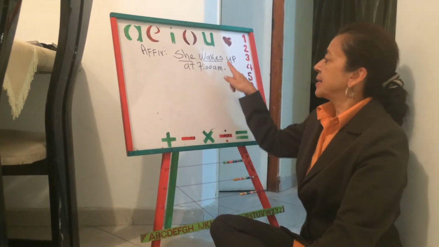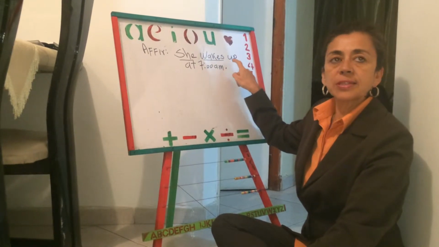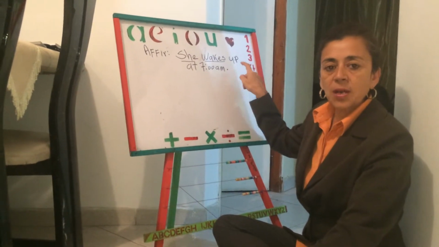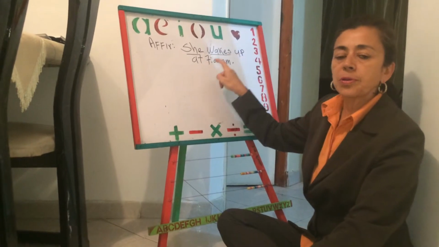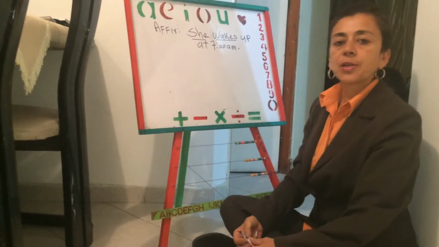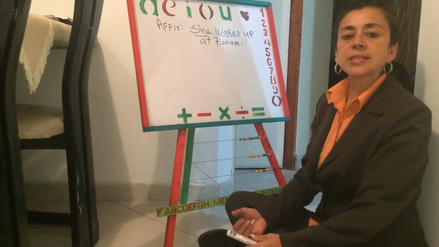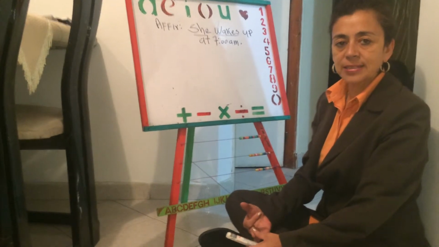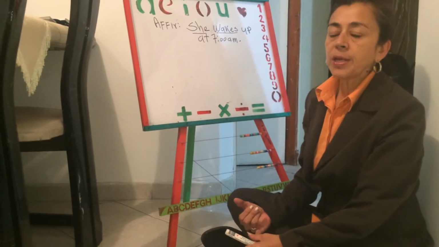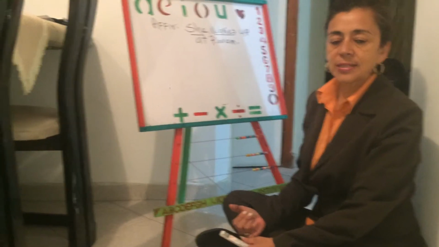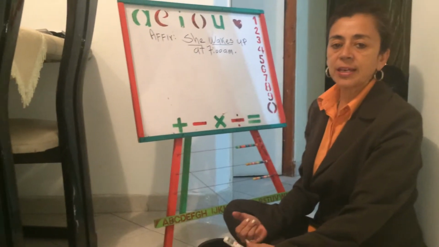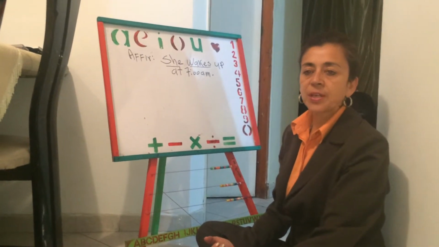person. Remember, the third person is he, she, and it. We need to use the S or the ES depending on the end of the verb.